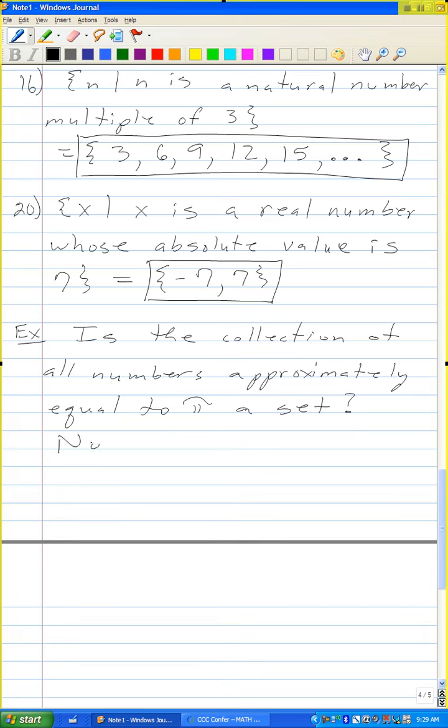And the answer is no. The reason for that is because it is not well defined. Since I did not give a good definition of what I mean by approximate, you cannot determine the exact membership in this collection. Therefore, that collection is not a set.